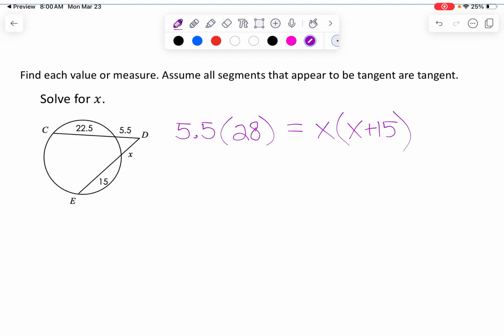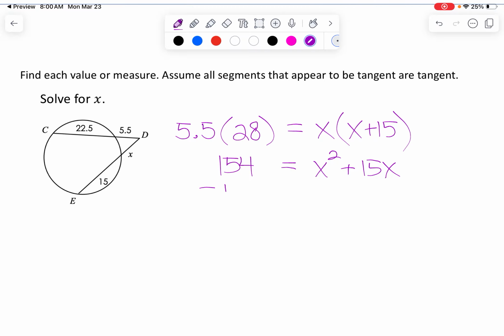5.5 times 28, I'm going to grab my calculator for that, make sure, 154. And then I'm going to distribute this over here, so I get x squared plus 15x. Okay, now in this case, in order to solve, I could use the quadratic formula, I guess, but I'm going to try factoring.